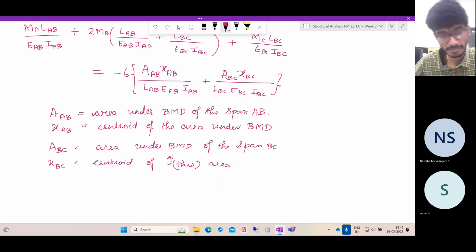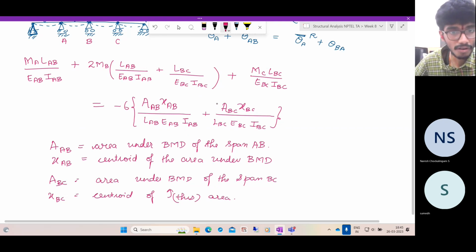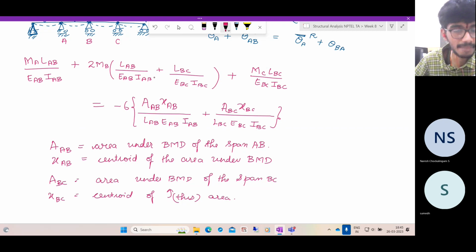So that's it, this is the 3 moment equation. How do you determine the area? The area has the same sign as the bending moment diagram, and X is always taken from the distal support. Don't worry about it, that's not so important.